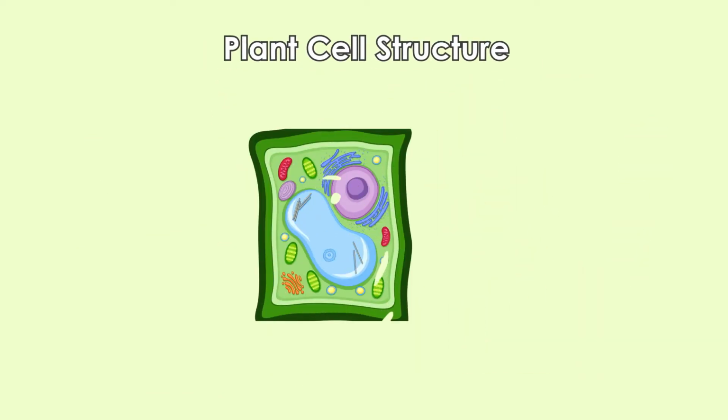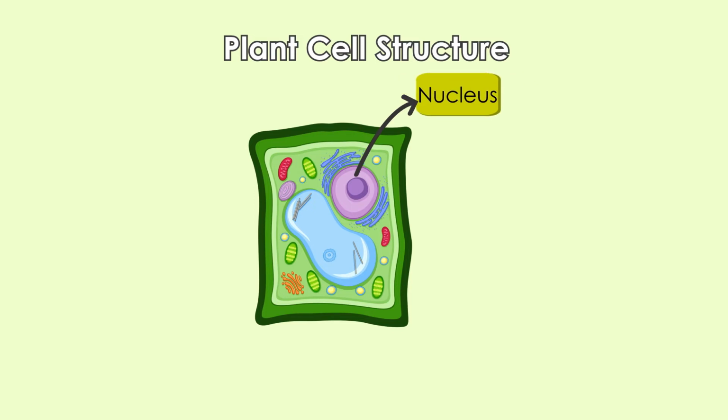Pupils, let us now look at a plant cell. This is how the structure of a plant cell looks like. It is different from animal cells, right? Let's take a look at the structure of the plant cell. Number 1 is the nucleus.